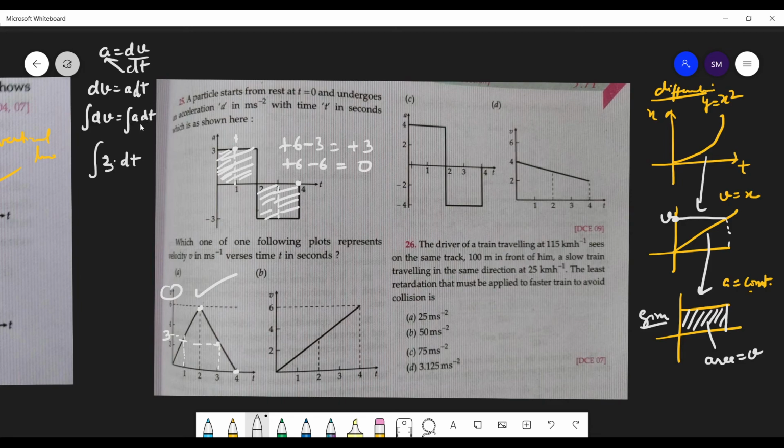Let us solve it integration-wise also. What limits are we taking? 0 to 2 time, this much time, to find the maximum velocity.